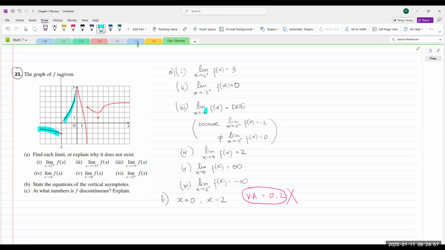The left-hand limit is negative 2. The right-hand limit is 0. Because the left-hand and right-hand limits are not the same, the limit does not exist.